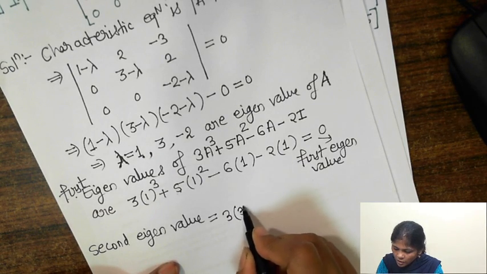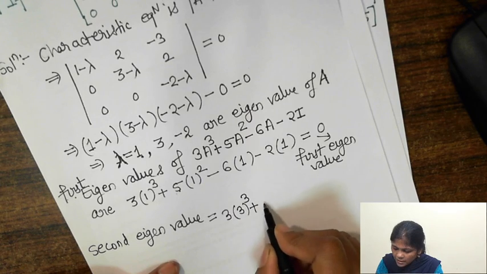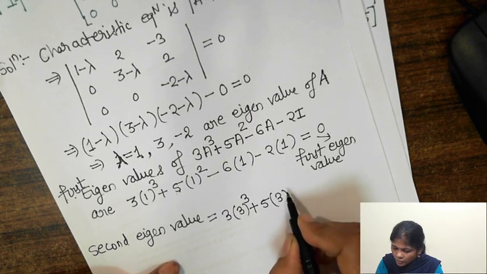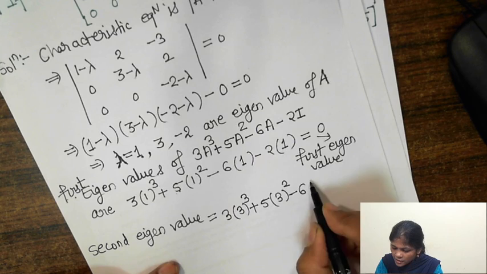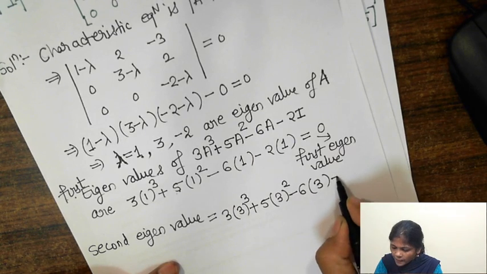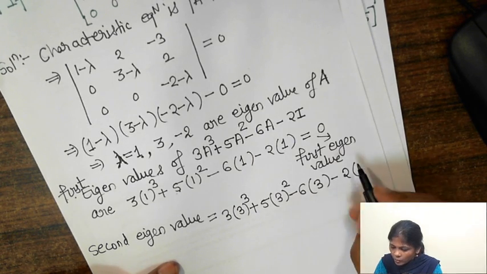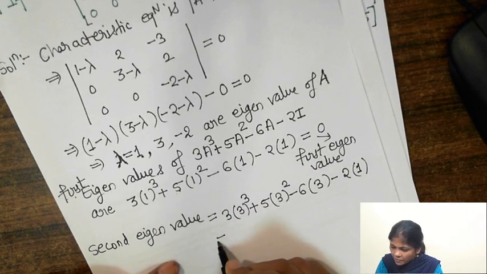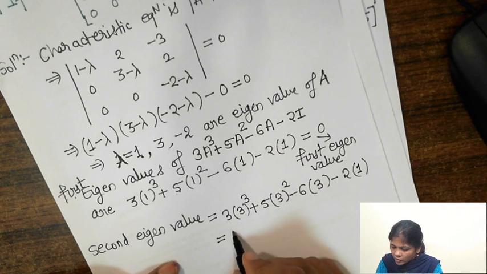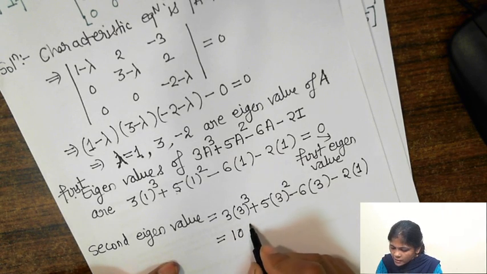So it is 3 into 3 cube plus 5 into 3 square minus 6 into 3 minus 2 into what will be the eigenvalue of I? It is 1. Now simplify this. What you will get is 106.